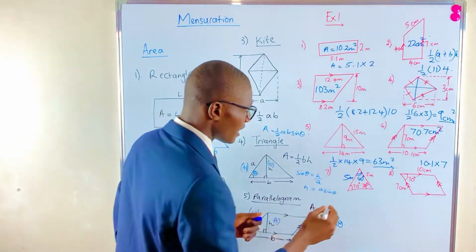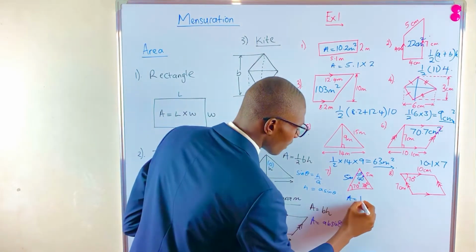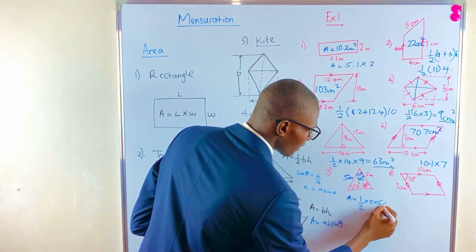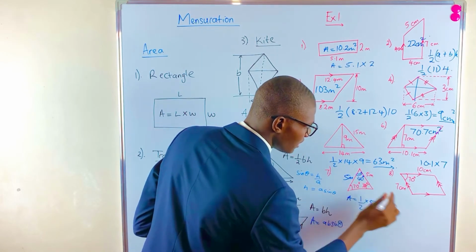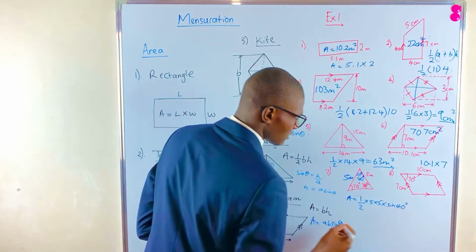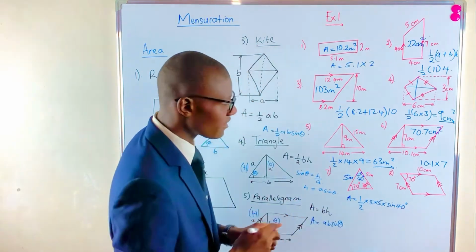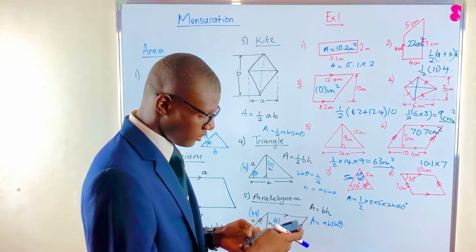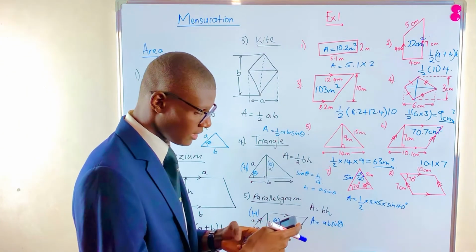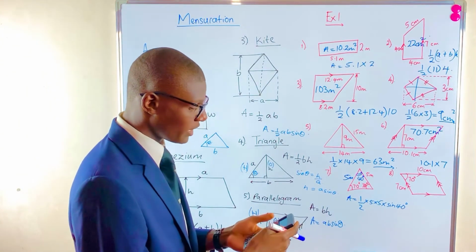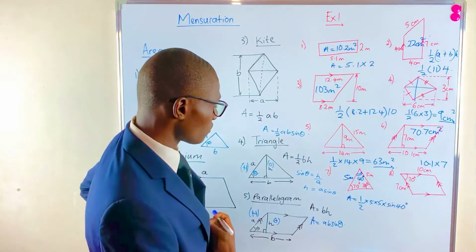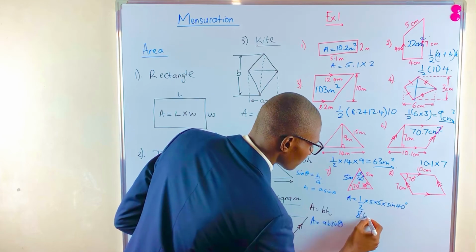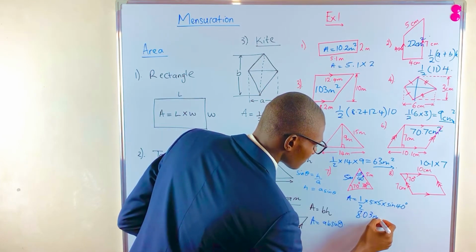Such that the area would be half, A being 5, B being 5, sine of theta being 40 degrees. So you're saying 25 sine 40 divided by 2, we get 8.03. So the area for that triangle would be 8.03 square meters.